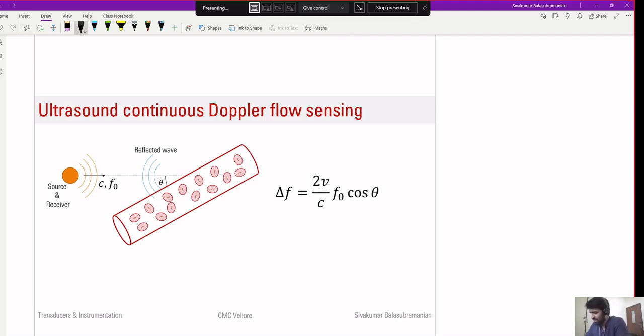So that's the idea. But there is a slight difference here. In the previous case, you had the source and you had the receiver. The source was transmitting, and the receiver was receiving, and we said there was a relative motion between the source and the receiver, and the relative velocity was termed as v. But here there is a slight difference. The ultrasound probe that you have on the outside has both the source and the receiver.